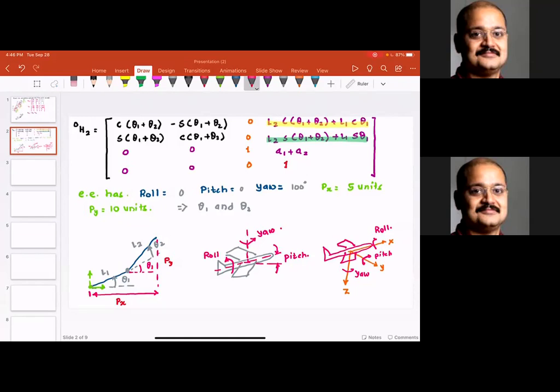So here is the key problem. We are given roll, pitch, and yaw, and these are also called inertial angles. These are also called Euler angles. From these Euler angles, I need to extract this 3 by 3 rotation matrix.